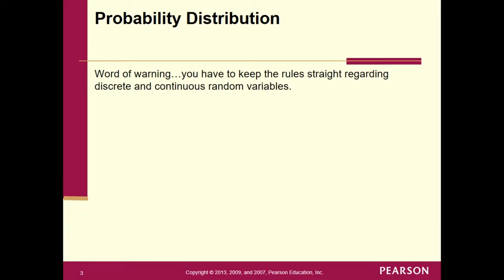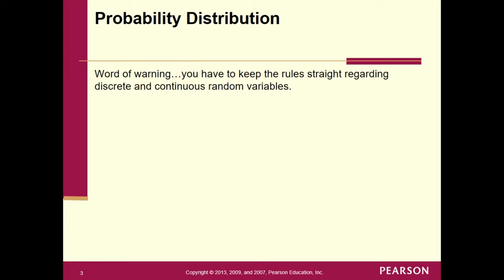All right, so that's probably how we're going to handle chapter 6. A word of warning: you have to keep the rules straight regarding discrete and continuous random variables. There are slightly different rules for the two, so we have to keep them separate and straight. Believe it or not, once you learn one, it's almost the exact opposite for the other one, especially for one of the rules.